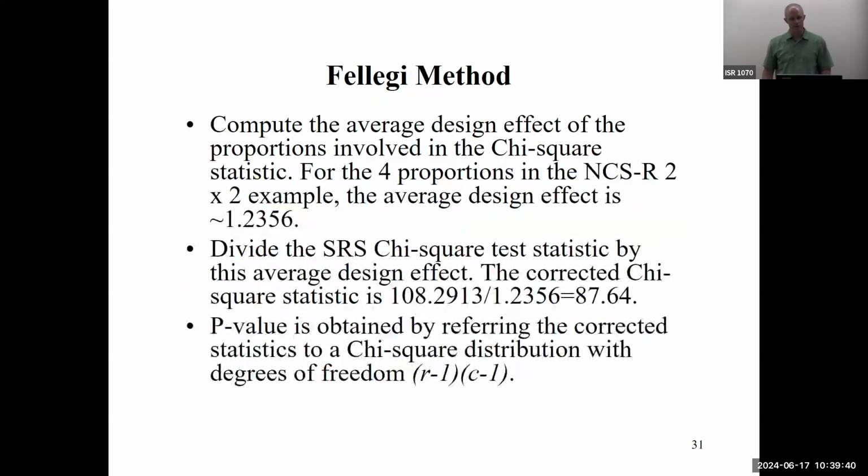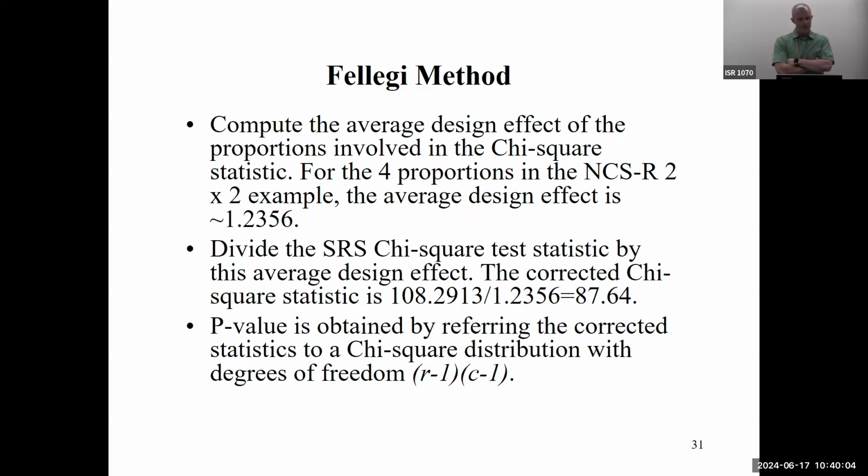So what Fellegi was first thinking about was to look at the average design effect of all those proportions that are involved in calculating that chi-square statistic, all those distance measures. So for example, for the 4 proportions that define the 2x2 table for the NCSR example, the average design effect was about 1.24. If you go back to that previous slide. Okay?